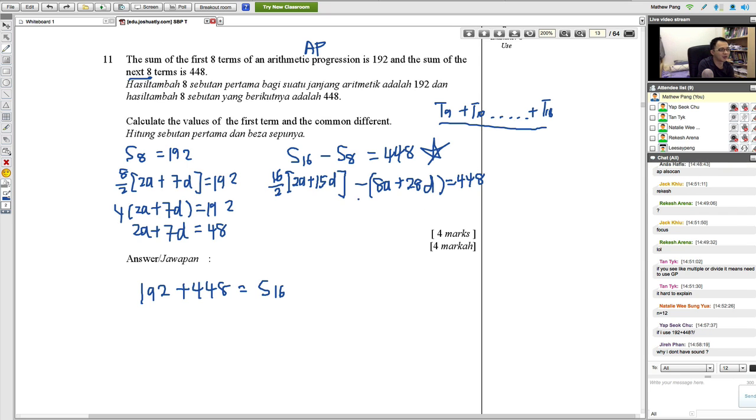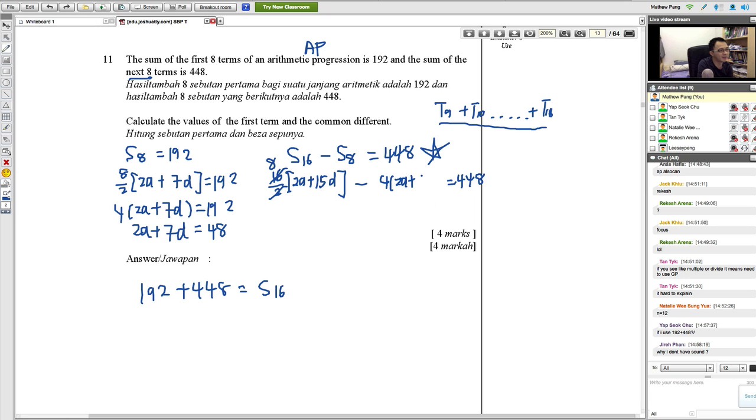And then we need to solve this with simultaneous equations. This one I can factorize out the 4. No, it's fine, this one I just copy back. I do not want to multiply because I think factorizing will save a lot of time for me.